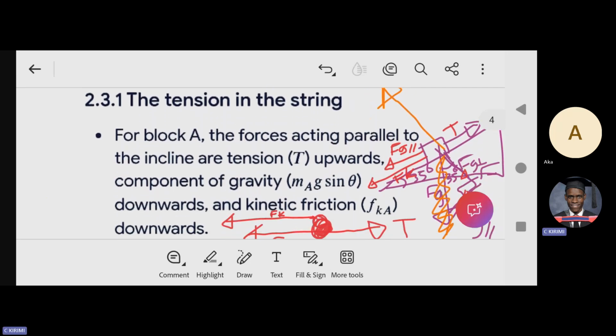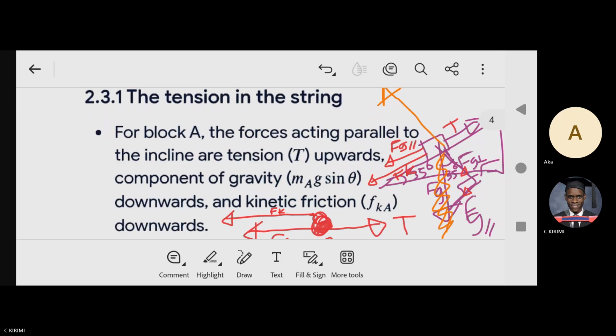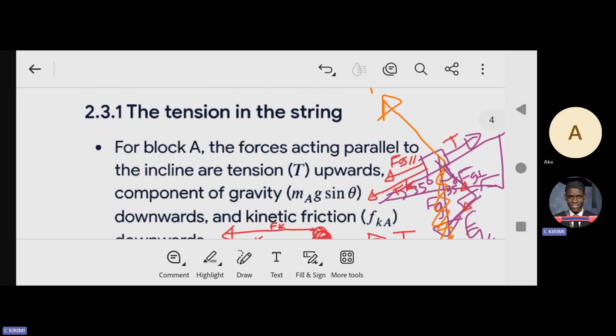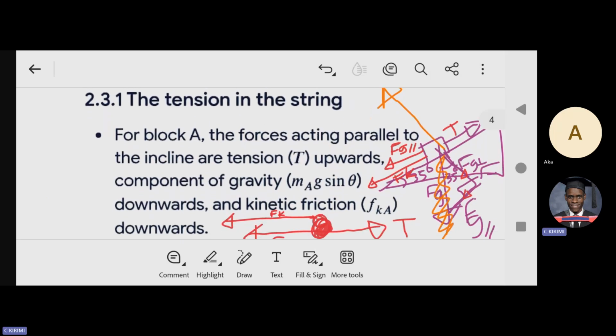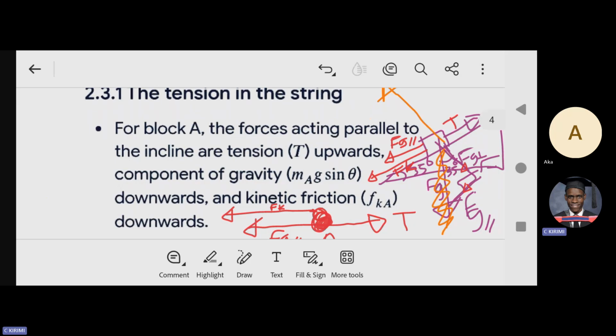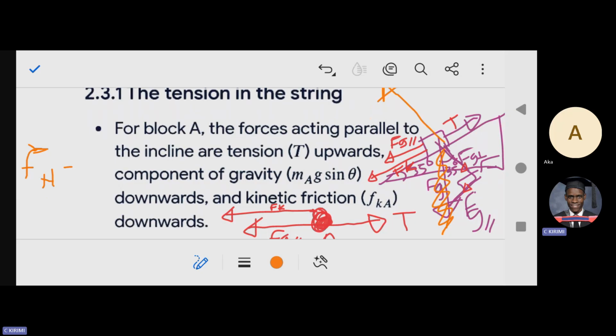So if I don't know the normal force, I can find it by calculating the FG perpendicular component. Then you know the coefficient of kinetic friction, where the friction is equal to UK multiplied by what?